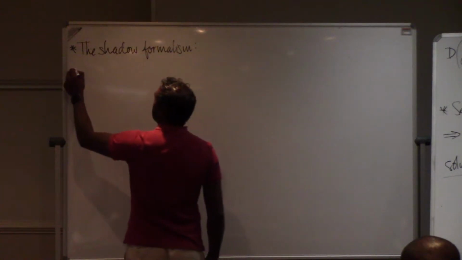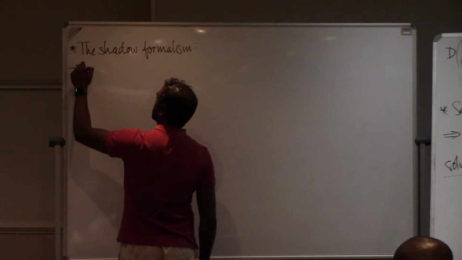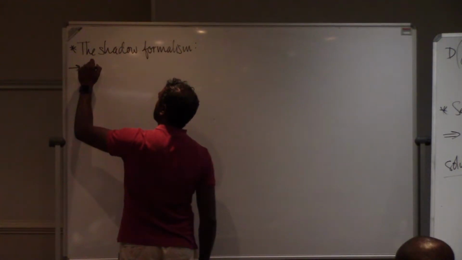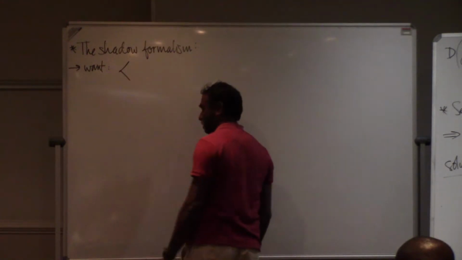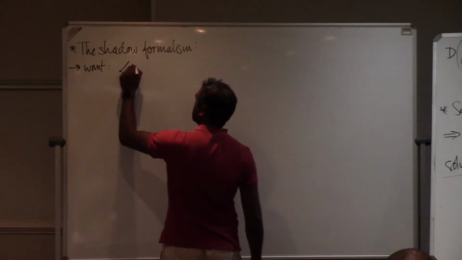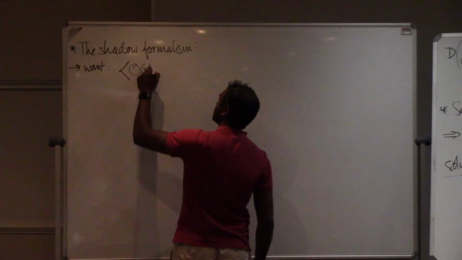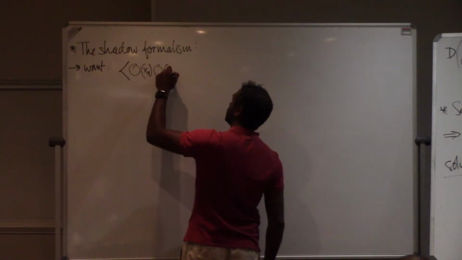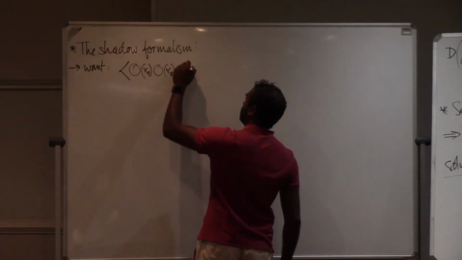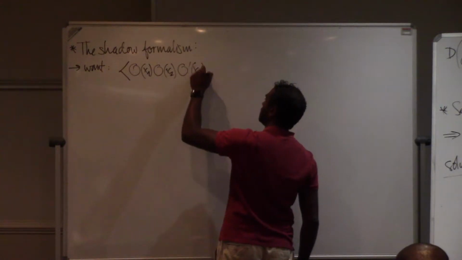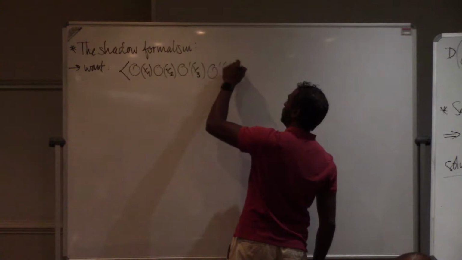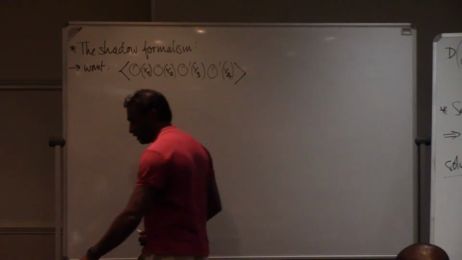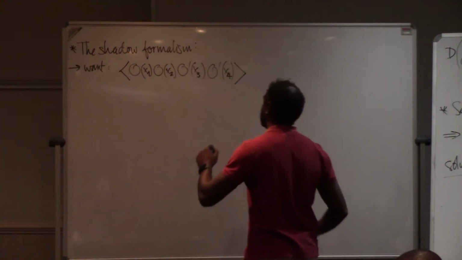So, the first thing to note is that we want the following object. We want some operator O of x1, O of x2, O prime of x3, O prime of x4, and what we want to do is calculate the connected 4-point function of this.